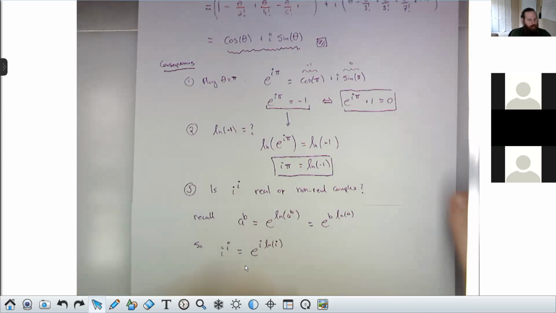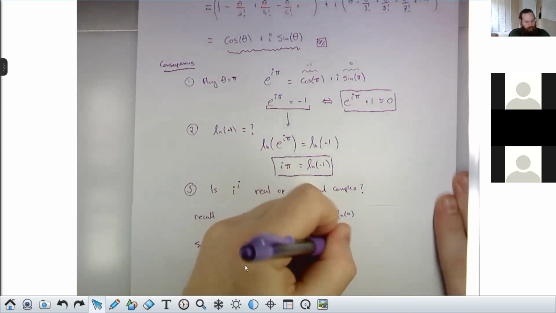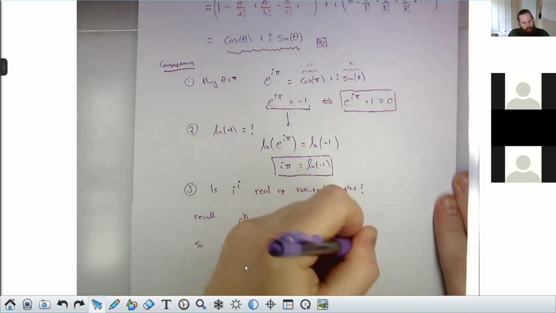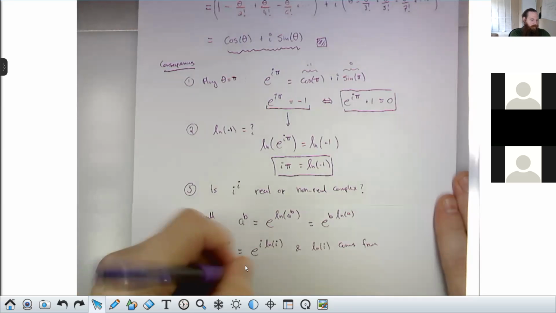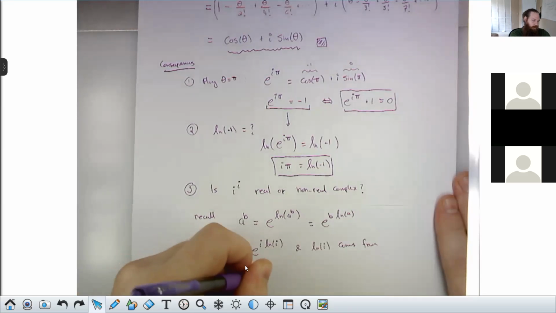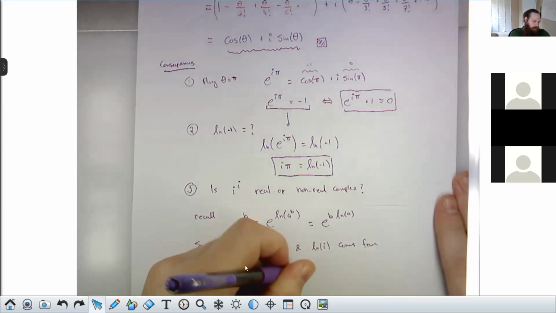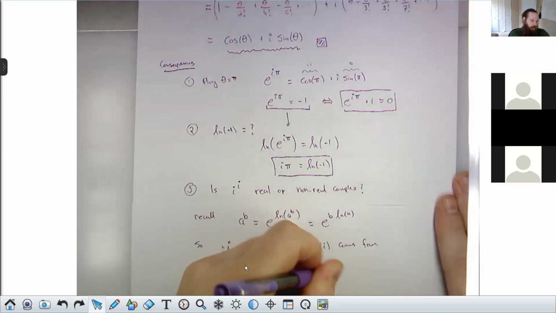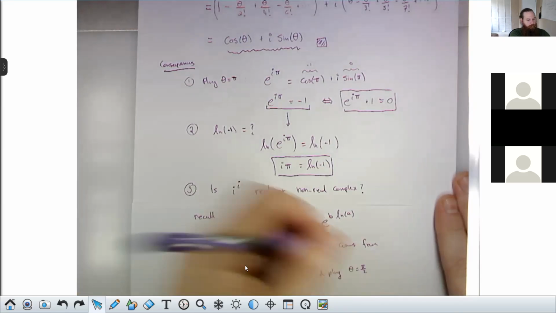And we can figure out the natural log of I by thinking e to the I theta is cos theta plus I sine theta, and plugging theta equals pi over 2.